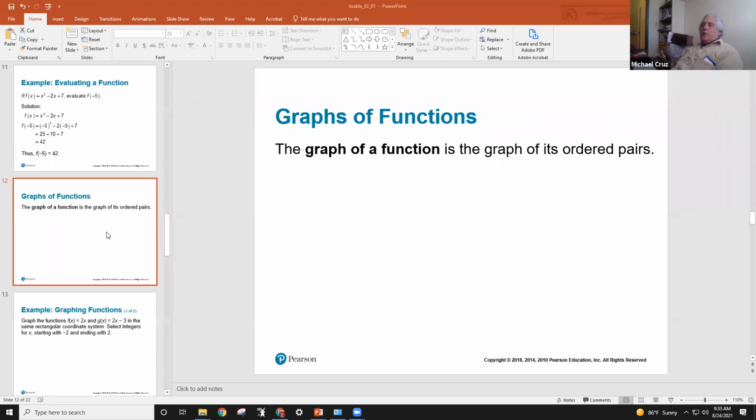Usually when you have a graph, you're going to have an infinite number of ordered pairs on it, so you don't ever necessarily see all of them. Generally, when you graph equations and functions, you'll take maybe 3 of them, at most 4, put them on a graph, and then draw a line or some kind of sketch if it's not a line. You're not looking at all of the ordered pairs, but all of those ordered pairs are on the graph.